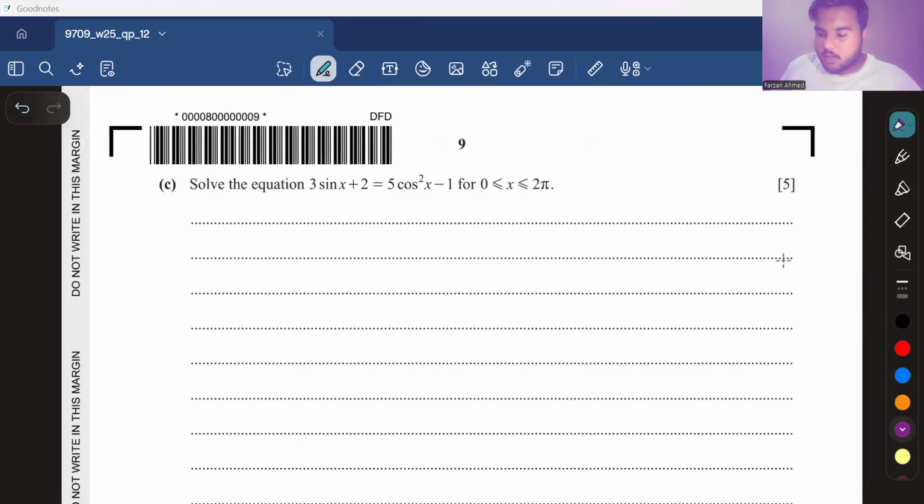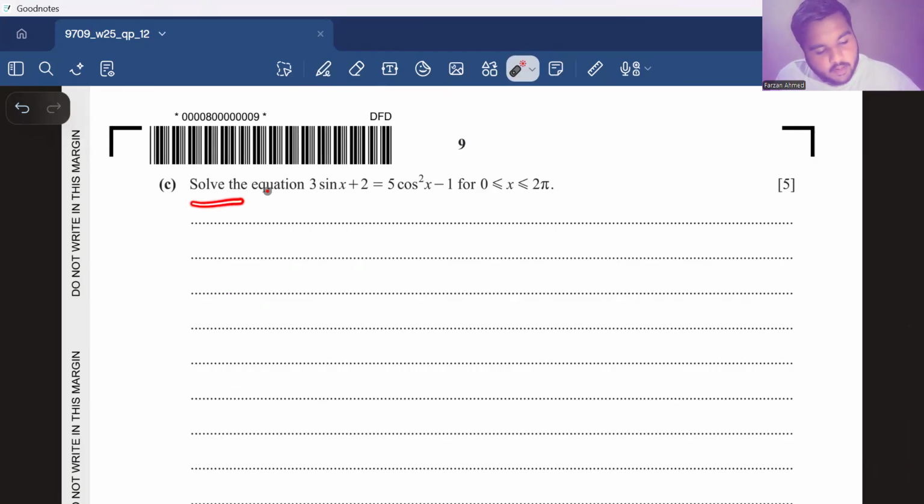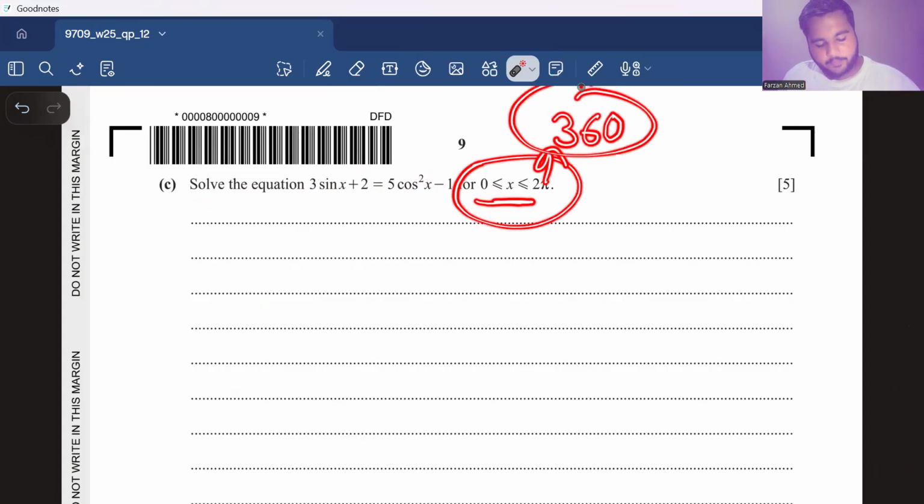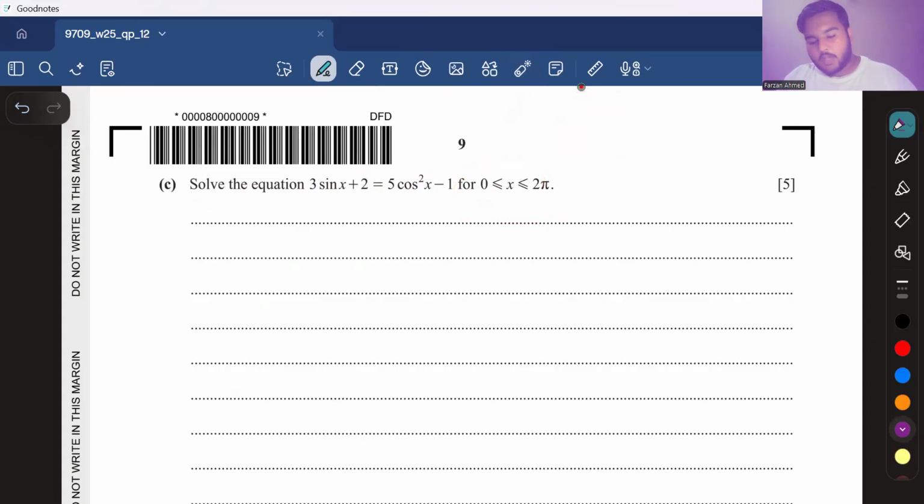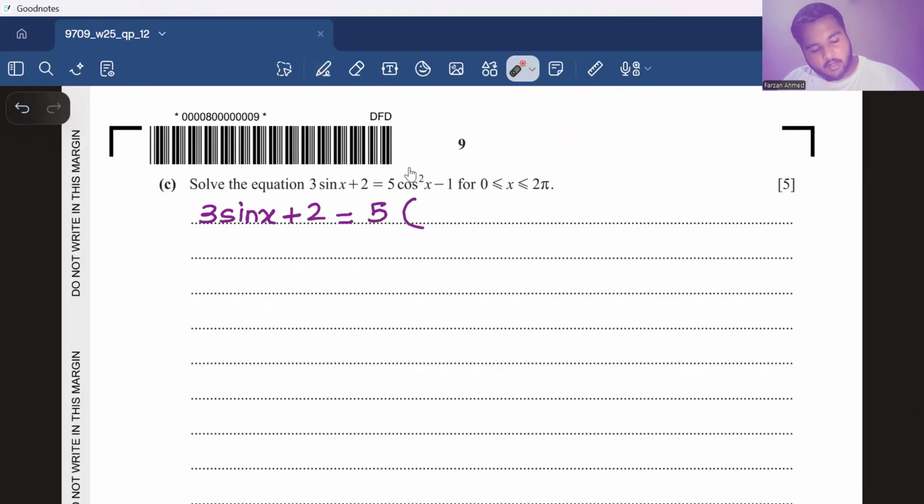Now in part C, they are saying solve the equation 3 sine x plus 2 equals 5 cos square x minus 1. The range given is 0 till 2 pi, which means 360. So we are solving this. 3 sine x plus 2 equals 5 bracket.